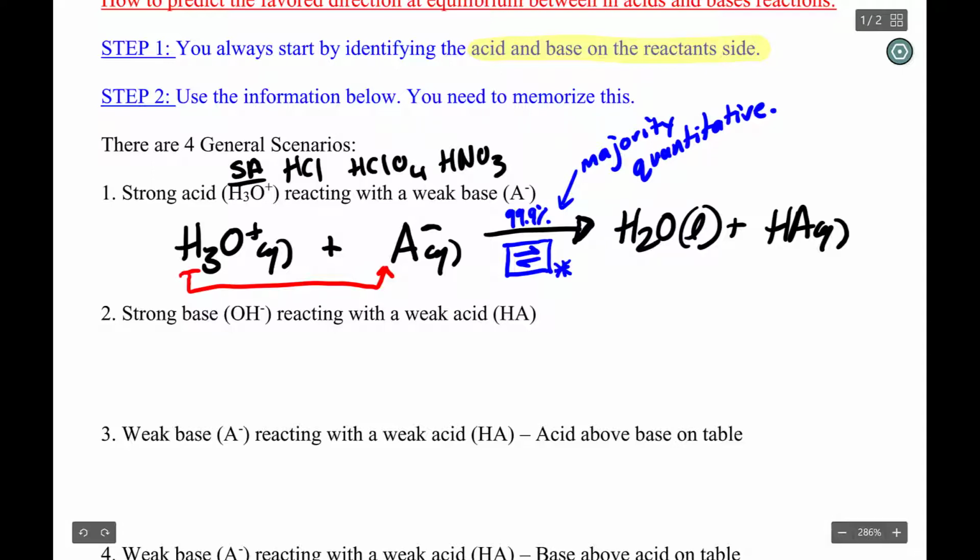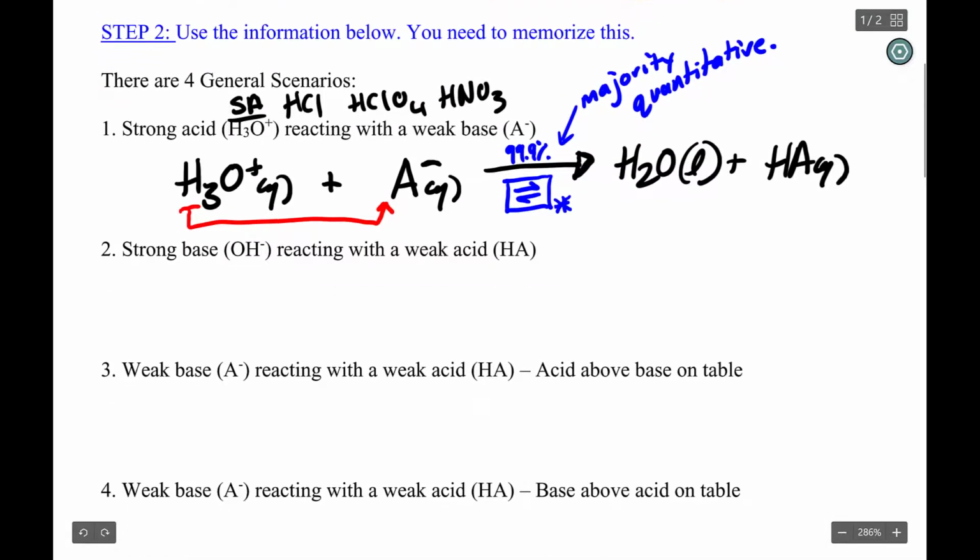Okay, the other one that is very easy to figure out is if I have a strong base, and remember strong bases are usually a group 1 metal cation with hydroxide. So when it dissociates, the ion that actually matters is just the hydroxide. It's the strong base. It reacts with any weak acid. This, again, majority of the time is quantitative, 100% forward.